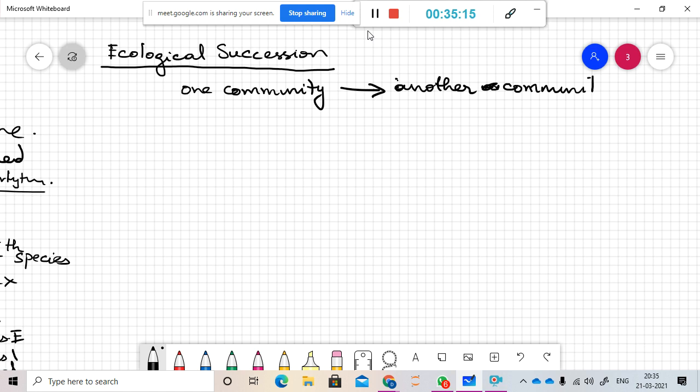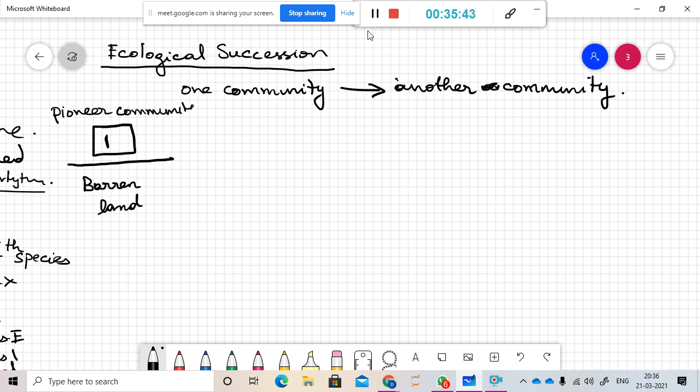Initially you had a specific community in a barren land. This is a barren land. You had a specific community 1. This is the first community which comes in a barren land, that is known as the pioneer community. Then this first community gets replaced by the second community.